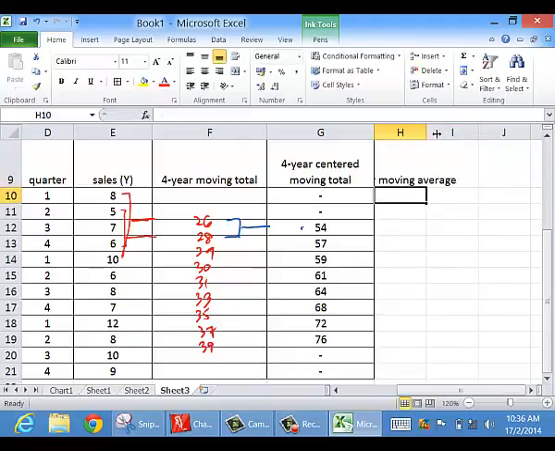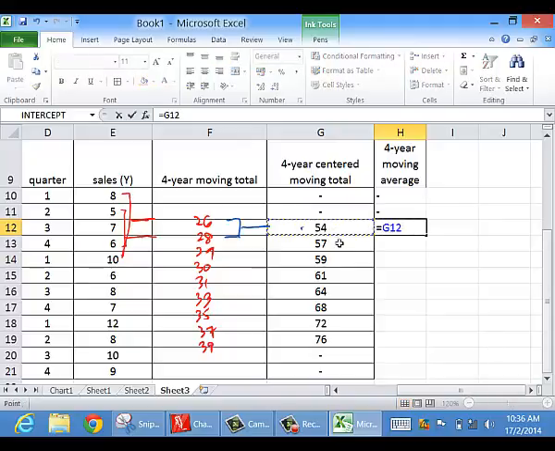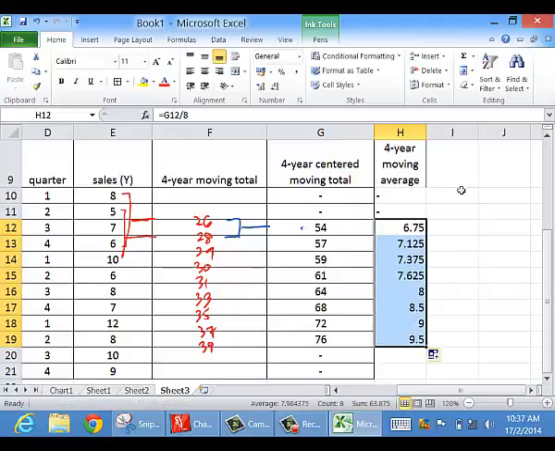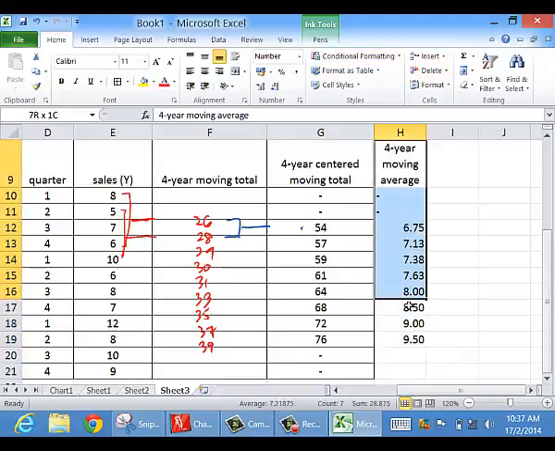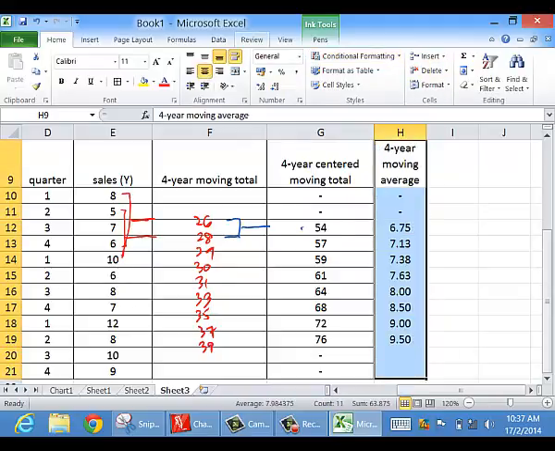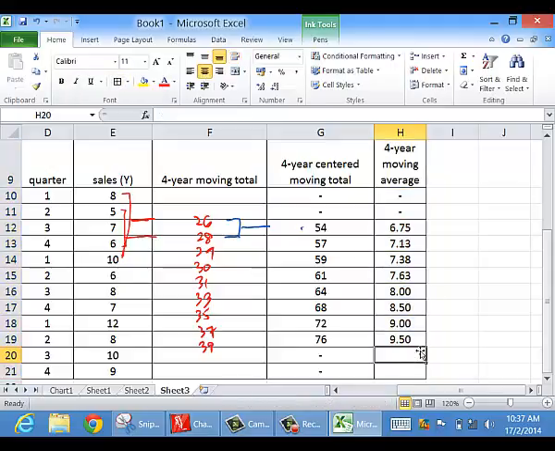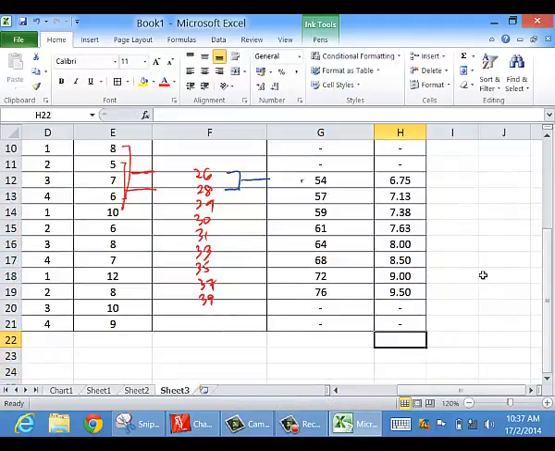So this one should be divided by how much? Divide by 8. For a 4-year moving average, divide by 8. For a 3-year moving average, divide by 3. 3 years should be very easy. So 54 divided by 8. So done.